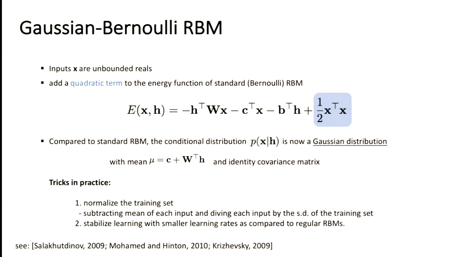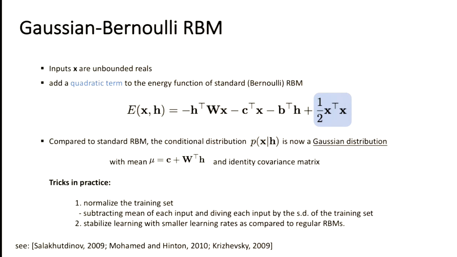However, unlike the classical restricted Boltzmann machine, which is the Bernoulli variable case, the Gaussian Bernoulli RBM is still pretty tricky to train in practice. And that's one of the reasons why it hasn't been used as much as its classical variant, though it gave some really good performances. So two typical tricks that are used in practice: first, you normalize your training set, which lets this Gaussian distribution handle that data well.